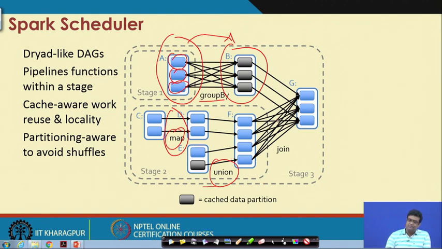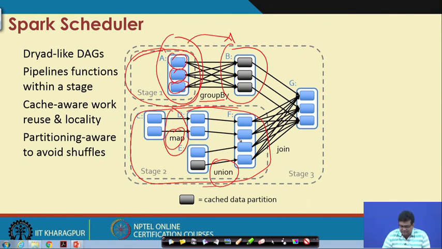Whereas, the many to one dependencies or the fat dependencies create the stage boundaries. So, basically this whole graph will be executed in 3 stages: stage 1 where this RDD will be computed, stage 2 where this RDD will be computed, and then stage 3 where this RDD will be computed, where the input is basically the RDD from stage 1 and the RDD from stage 2.